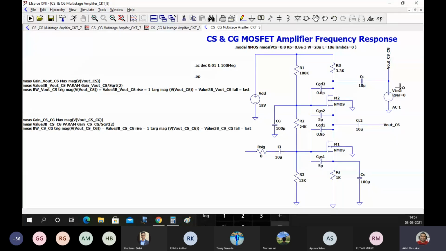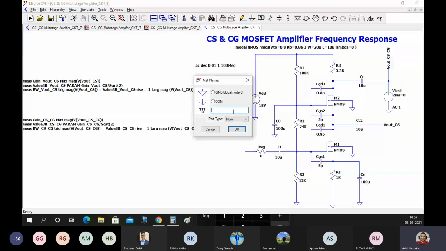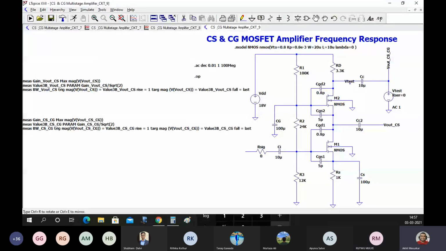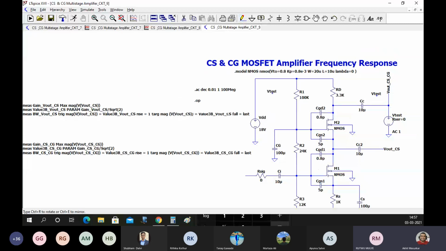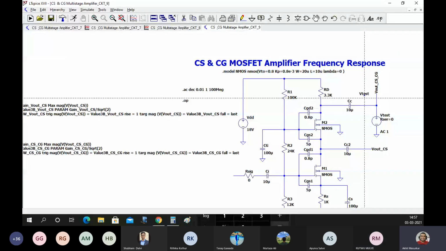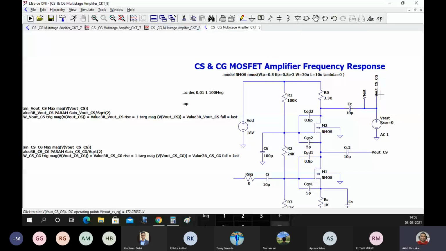And here we will see test. So now what we are doing is we are putting a test voltage on the output side. But output is already there, but just for our own sake I am doing that.